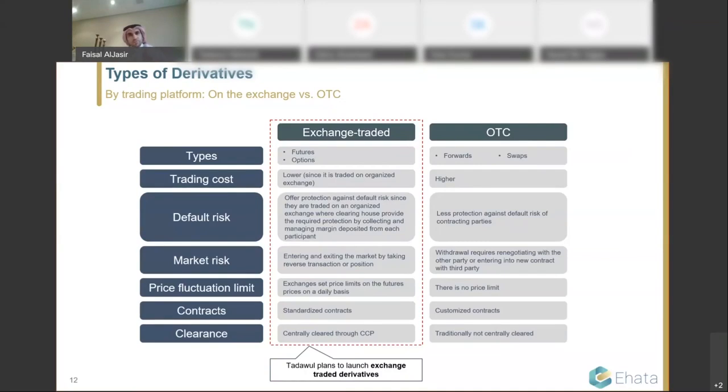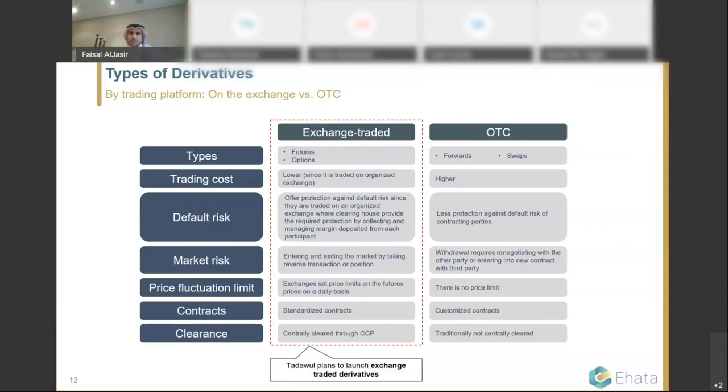Again, we said that derivatives are traded both on exchanges and OTC. This is showing a comparison between both markets. The types of derivatives you would normally find in exchange traded are either futures or options. It mainly sums it up.